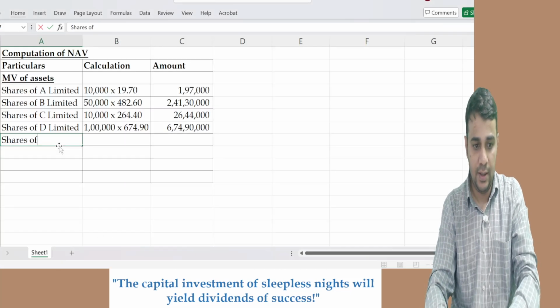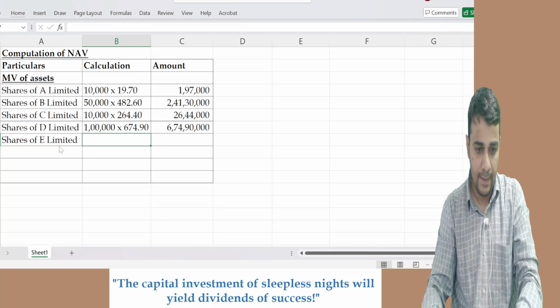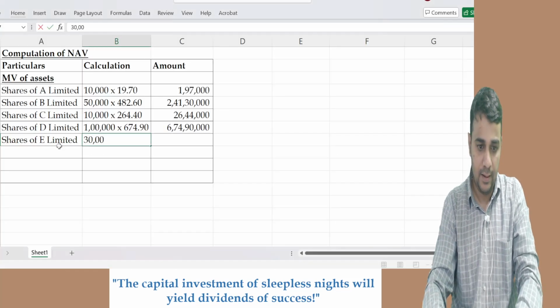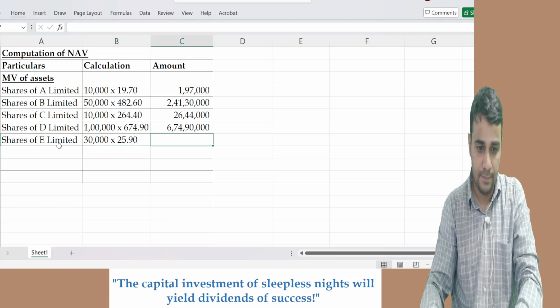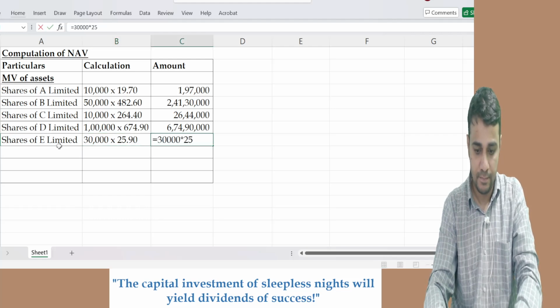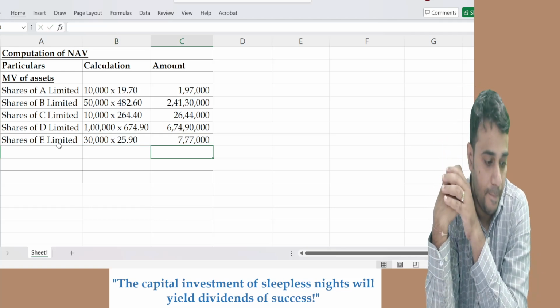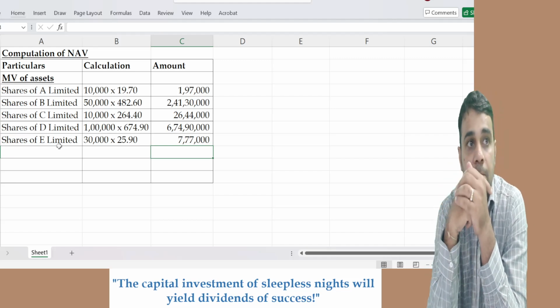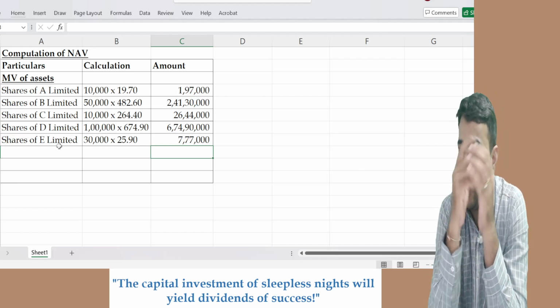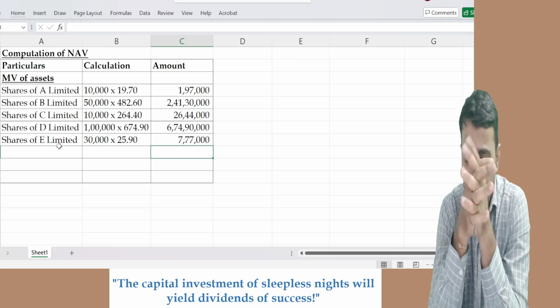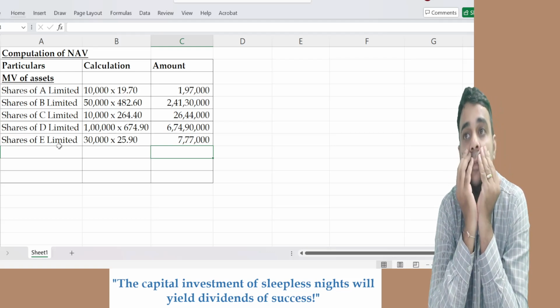Shares of E Limited, 30,000 into 25.9. All assets we have noted down. Any liability given in the question? No.